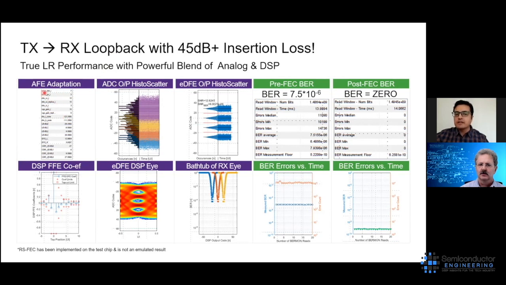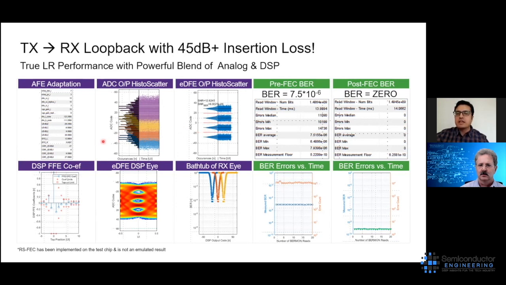AFE is the analog front end, and you have the ADC, and after this you do all the digital processing. So here I show how data is processed by balancing analog as well as digital signal processing both ways. With a 45 dB channel, you have the analog front end doing its job by adapting based on the channel, and the ADC is performing highly linearly, and you see the discrete levels here.